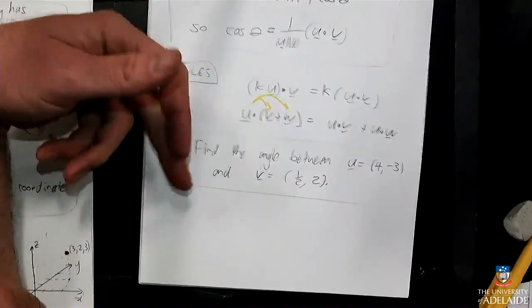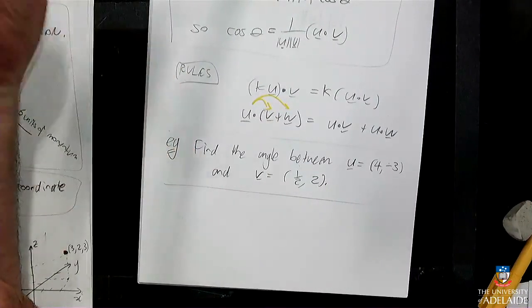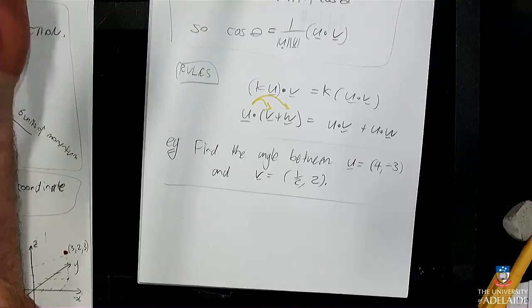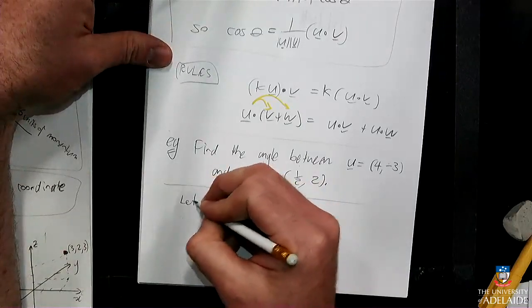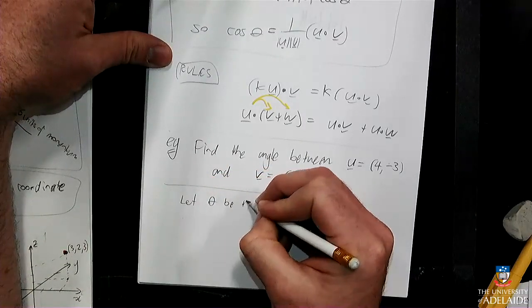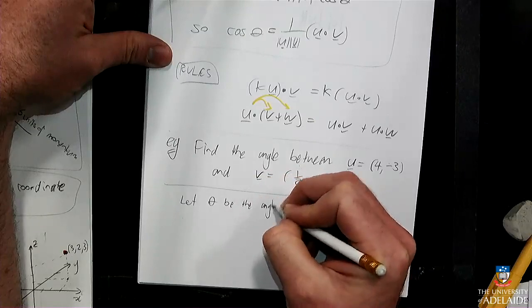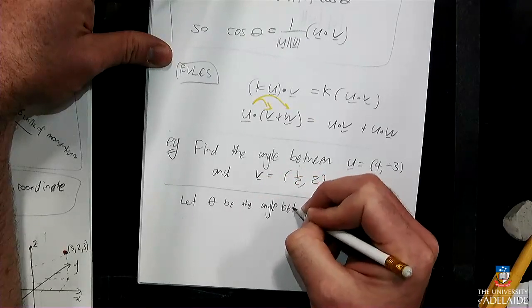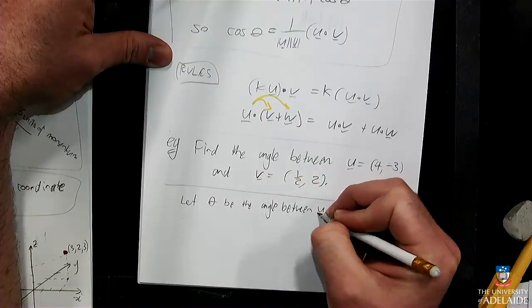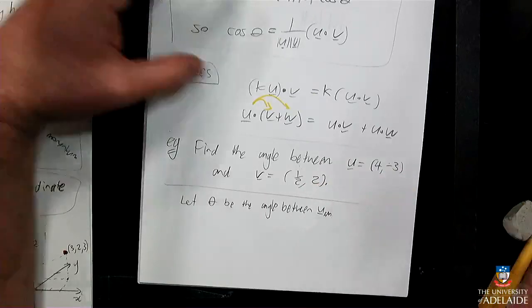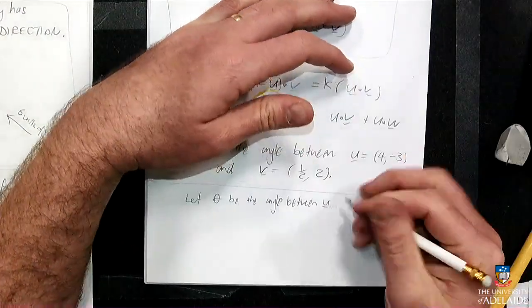Now, I haven't been given a name for this angle, so I'm going to give it a name. I could call it theta or alpha or anything I want, but I might as well call it theta. Let theta be the angle between u and v.